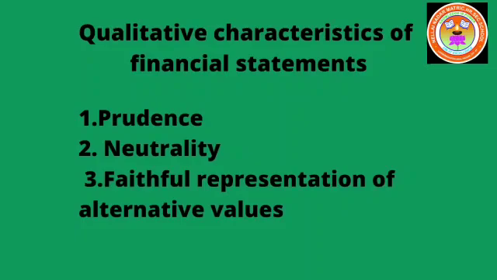Faithful representation of alternative values. Many accounting authors, however, are of the view that conservatism essentially leads to understatement of income and wealth, and it should not be the basis for the preparation of financial statements.